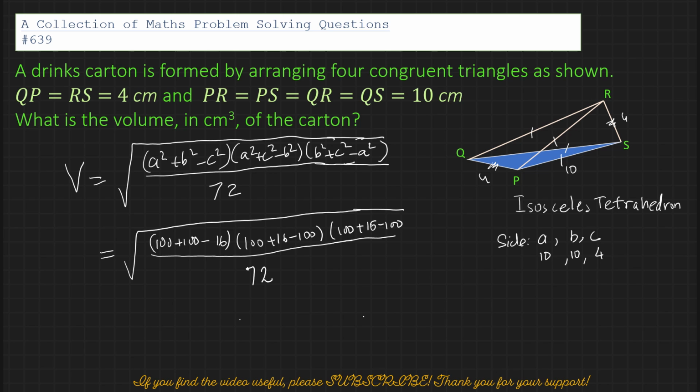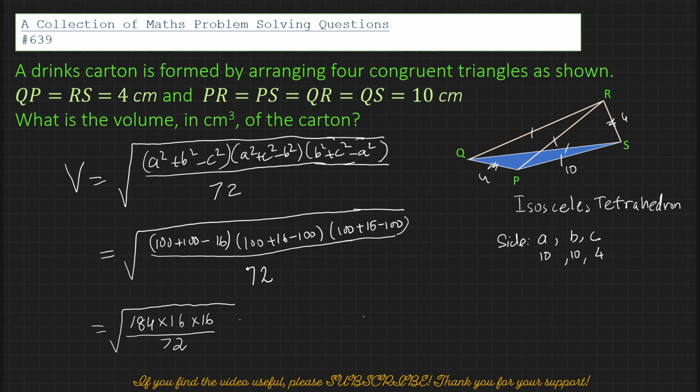So the hundreds would cancel out in the second and third brackets, and we are left with 200 minus 16, which is 184. So 184 multiplied by 16 and multiplied by 16 and divided by 72.